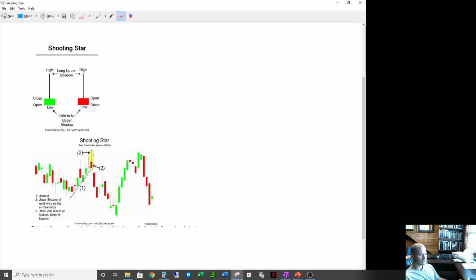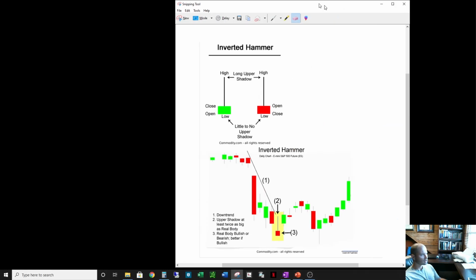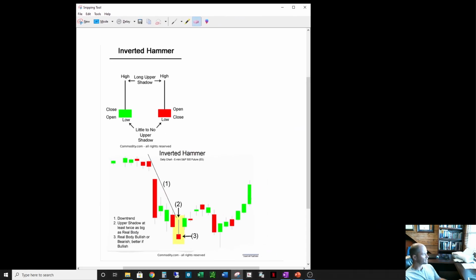And the next candle that we have, let me pull it up real quick over here, is your inverted hammer. The inverted hammer occurs in a downtrend, and it will typically signal a reversal to the upside.